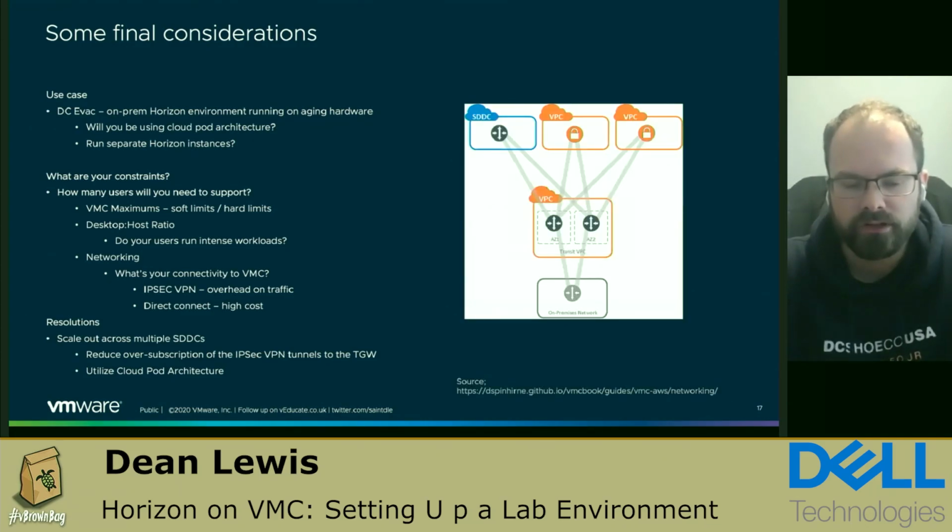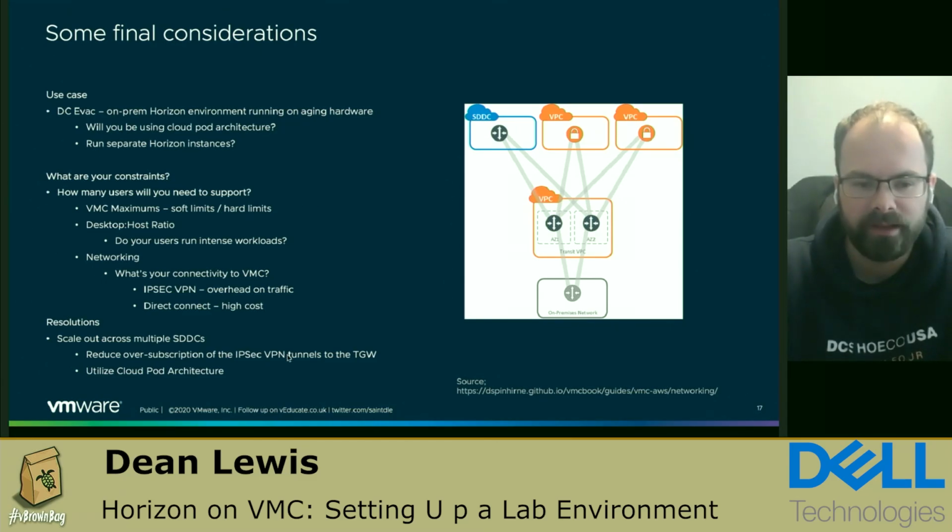So you could scale out across multiple SDDCs to help with cluster limits, desktop to host ratios, and also as well splitting out maybe that traffic if you're using IPsec VPNs across different tunnels and different connection endpoints as well. If you were to do this across multiple SDDCs, as we can see up here in this diagram, then you can also use Cloud Pod Architecture just in VMC to link these Horizon environments together to give you a seamless experience.